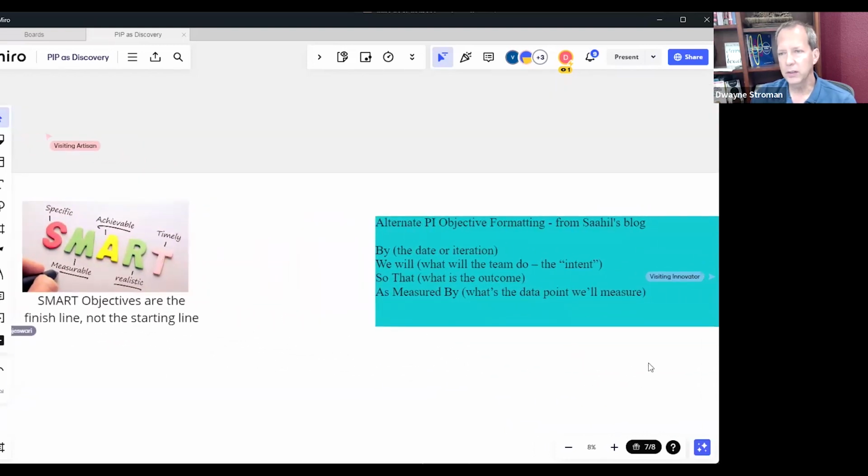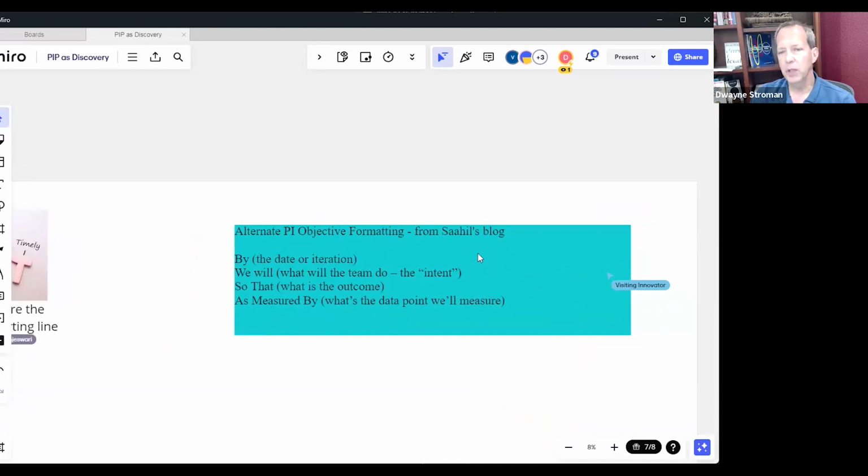Now, one quick little tip for you. There's a blog out there from Sahil Penekar who put out a different format for objectives. It's not that I'm saying, hey, this is what you should use. It's a really good way to think about it, though. And it incorporates the "we intend" concept from Captain David Marquet.